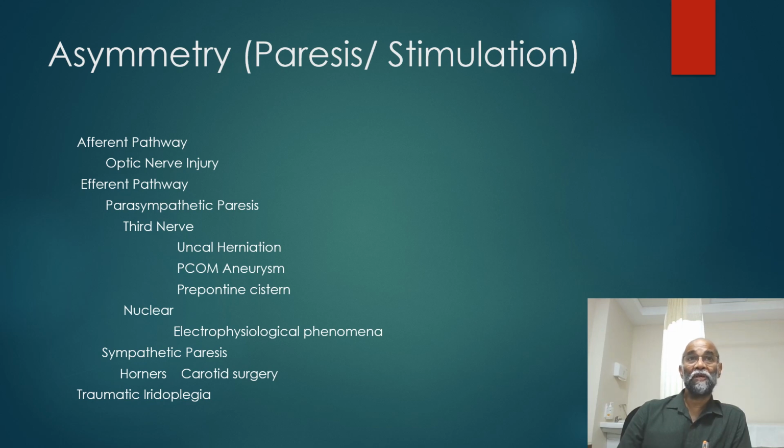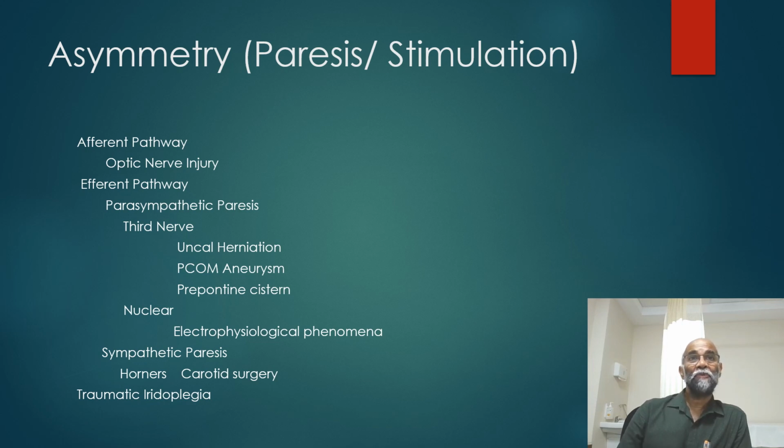These are sometimes difficult to explain. A patient, for example, without any increase in intracranial pressure, might suddenly show a pupillary dilatation. This might cause panic, and a CT will often show that there is nothing of significance on the third nerve. These are probably because of electrophysiologic seizure-like phenomena which have caused a temporary nuclear paresis.